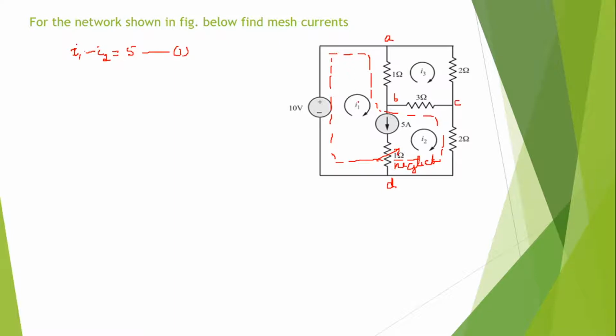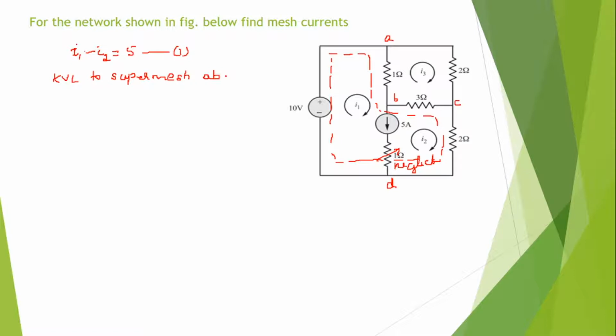A super mesh is a combination of two meshes where the ideal current source is present in the common branch, obtained by joining two meshes and eliminating the common branch. The next equation is obtained by applying KVL to the super mesh.